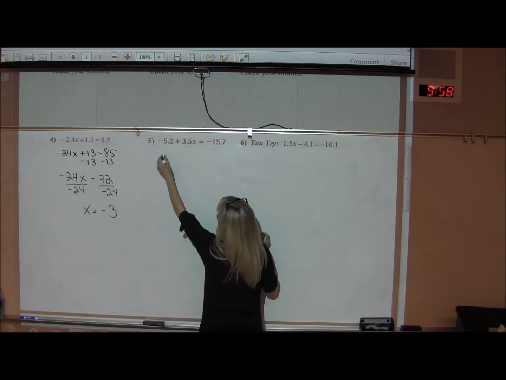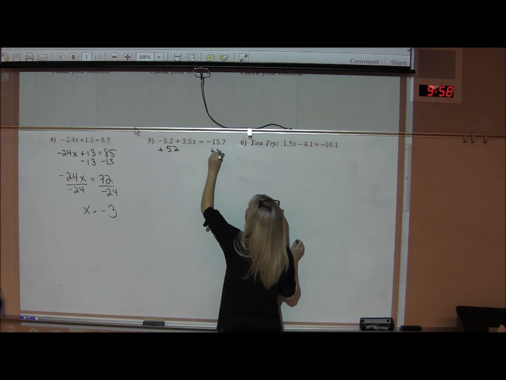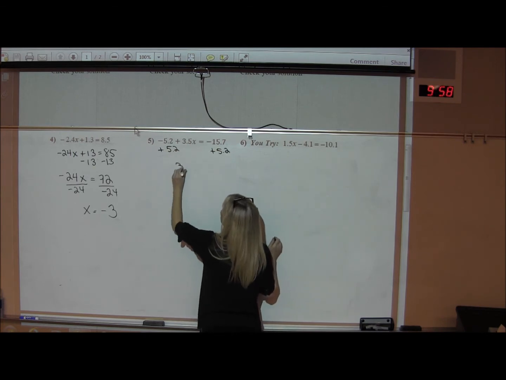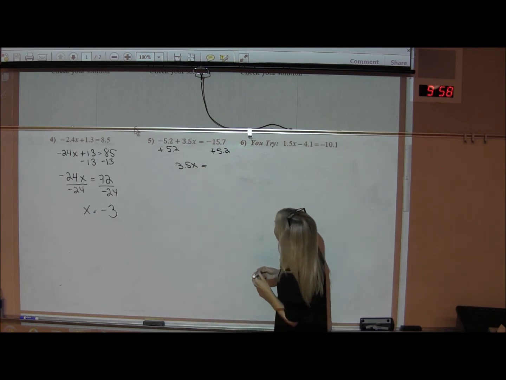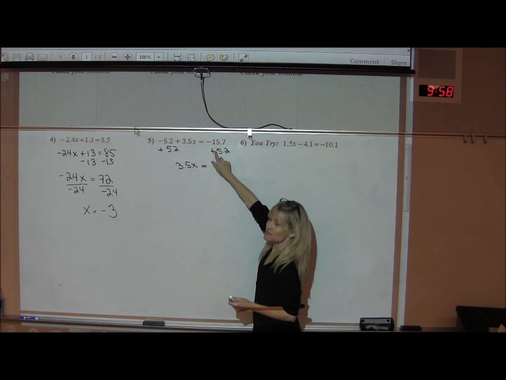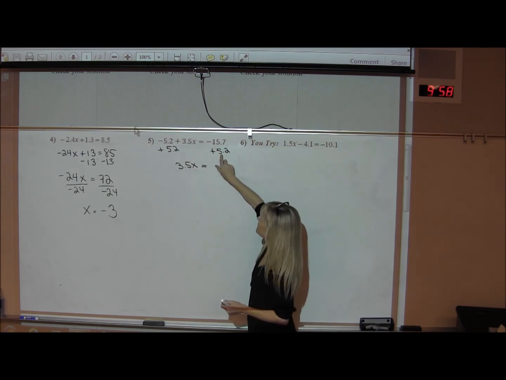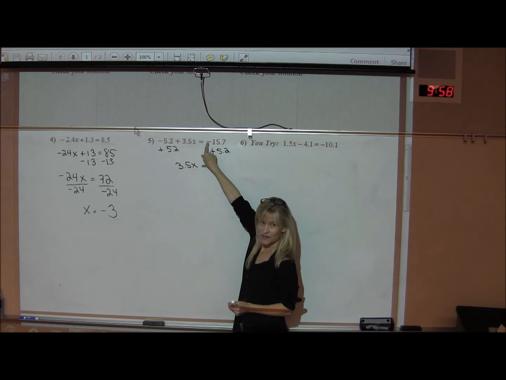So now I'm going to add 5.2 to both sides. All right, so then we get 3.5x equals, well, if you remember adding and subtracting real numbers, you can take the absolute values, and since we have different signs, do you remember this? You can subtract the smaller absolute value from the larger absolute value, and then the total will have the sign of the larger absolute value.